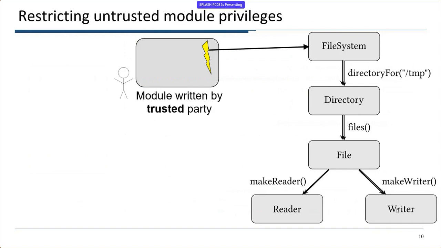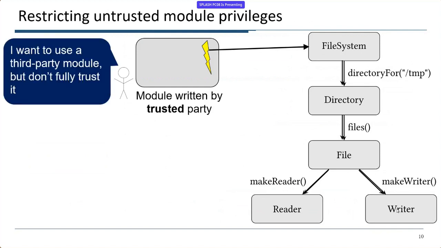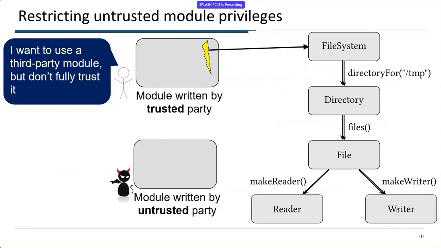So in the capabilities world, let's say we have a module written by a trusted party. We give it the capability to the file system so it can do all the things that we need it to do. But maybe this module wants to use a third-party module, but it doesn't fully trust it, right? And indeed, perhaps our third-party module is written by the bad guy.